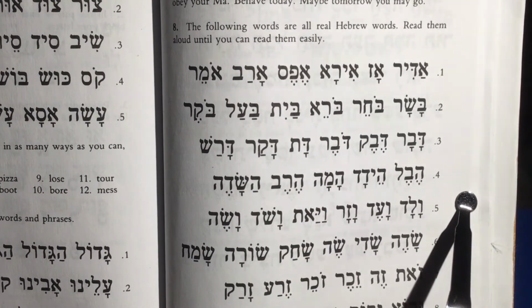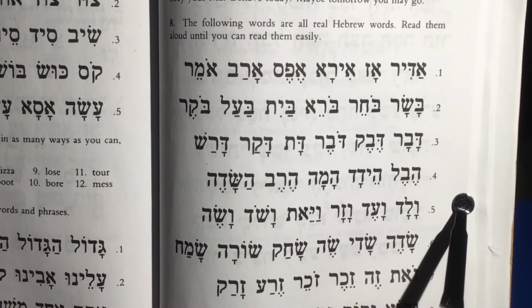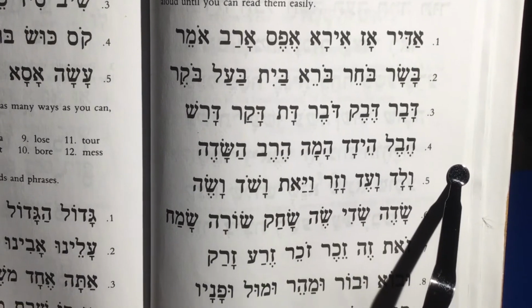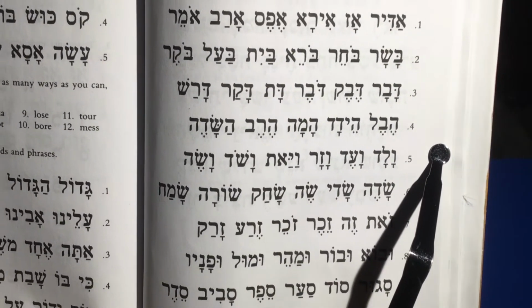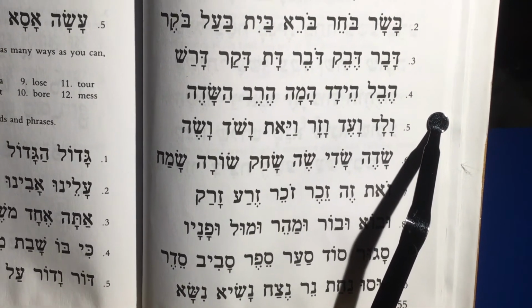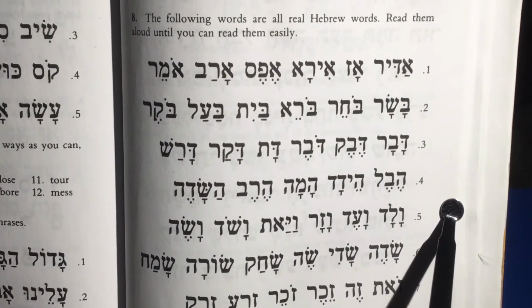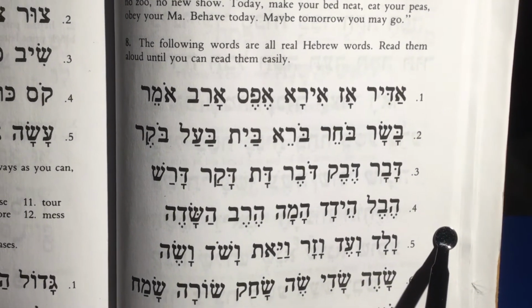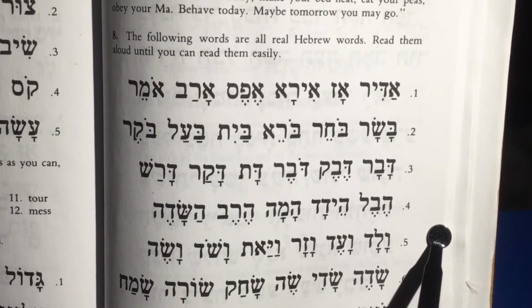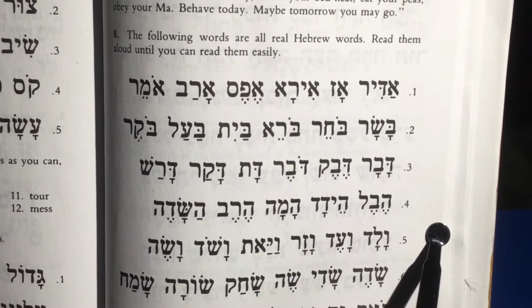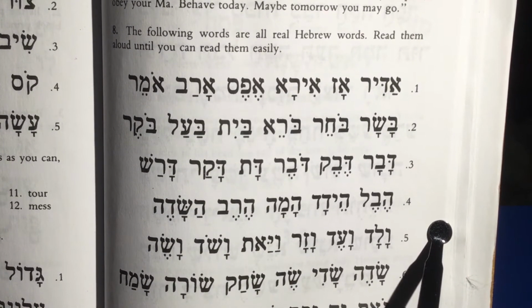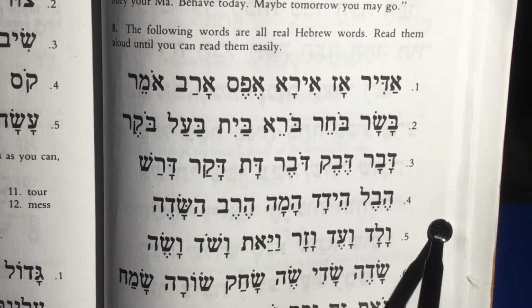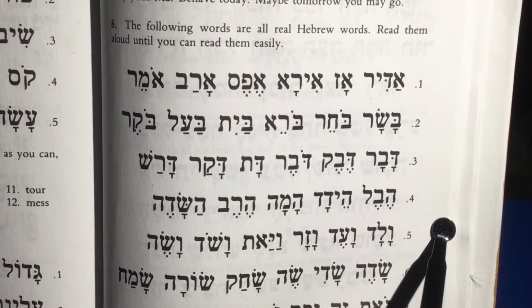Let's see what's this. Okay, so what we're gonna do here, we're just gonna practice reading, which is very, very easy. Okay, it's number 8. It says the following words are all real Hebrew words. Read them aloud until you can read them easily.